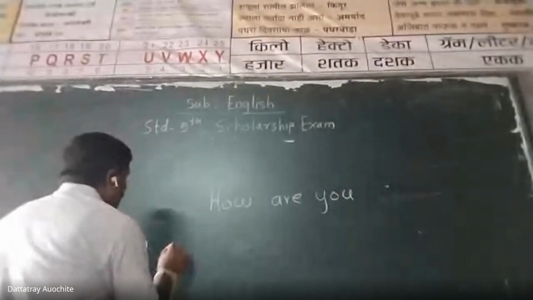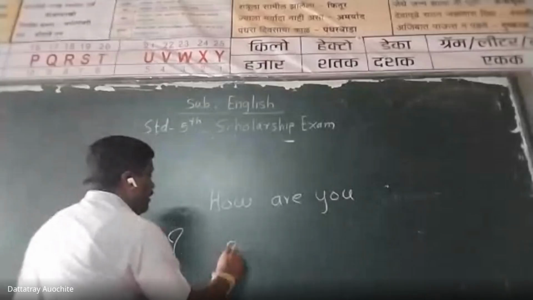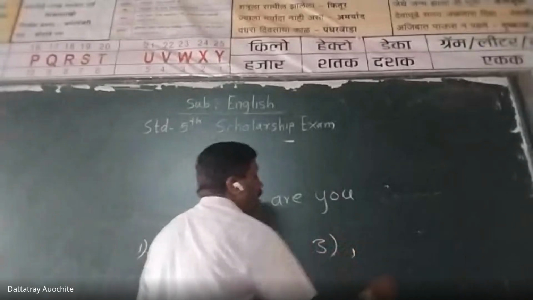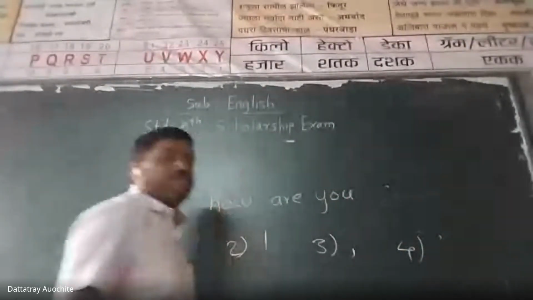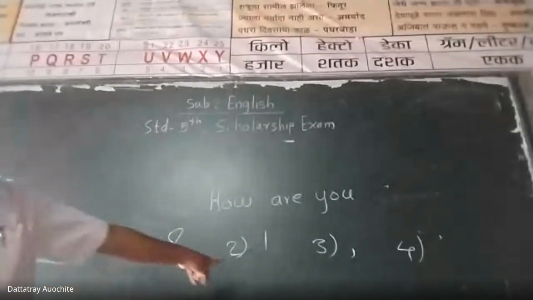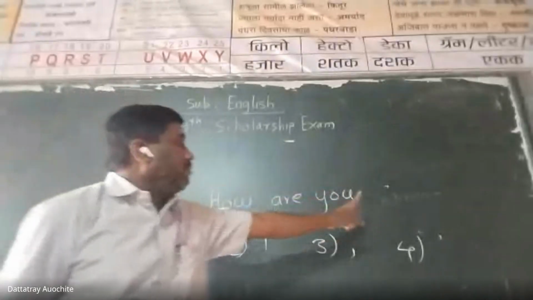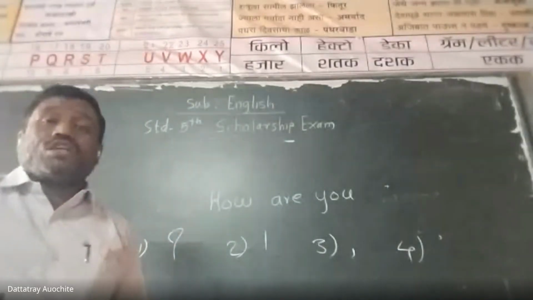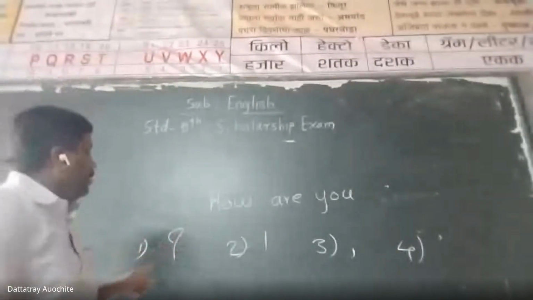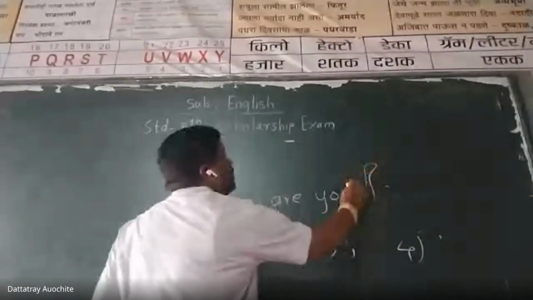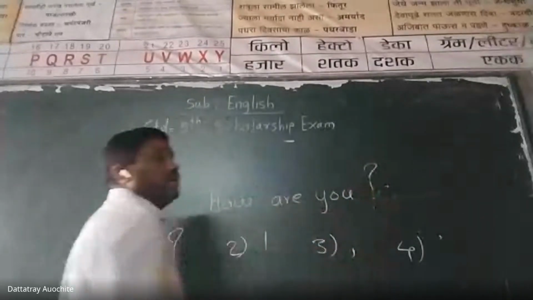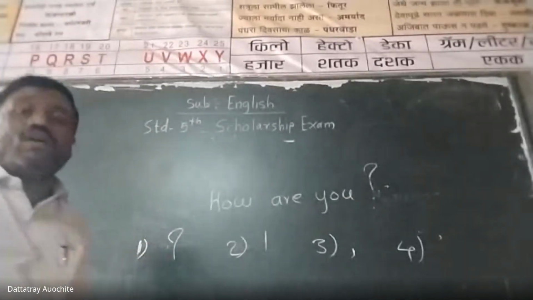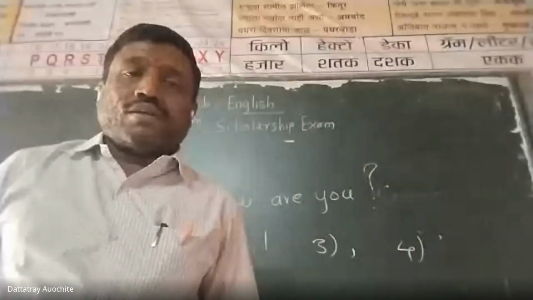The options are: first, question mark; second, exclamation mark; third, comma; fourth, apostrophe. Which mark is necessary at the end of the sentence? Such a question might come in your paper. Usually a question mark is needed at the end of the sentence, and that's why the first option is appropriate.